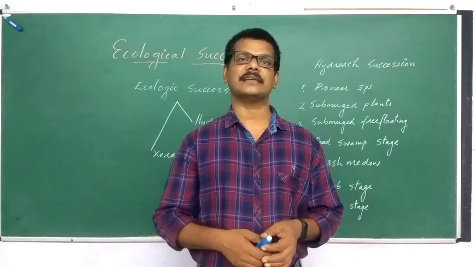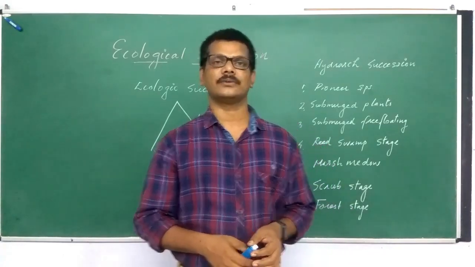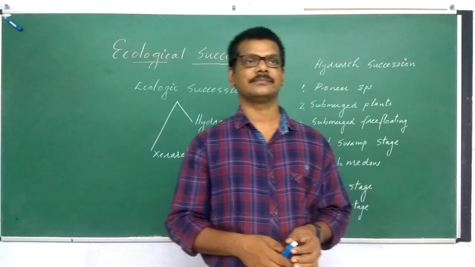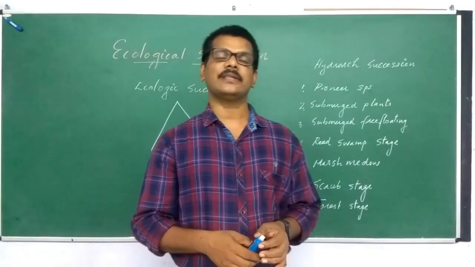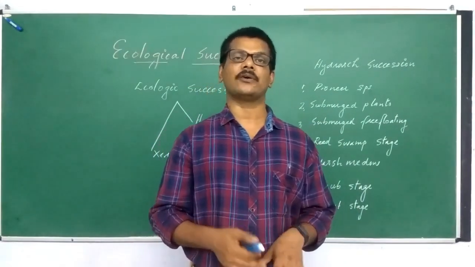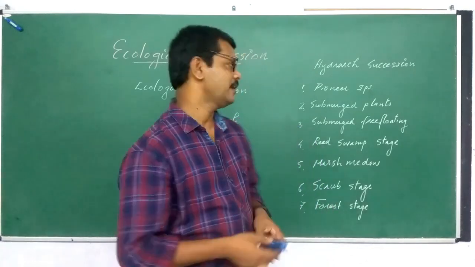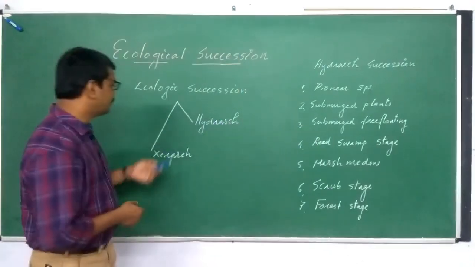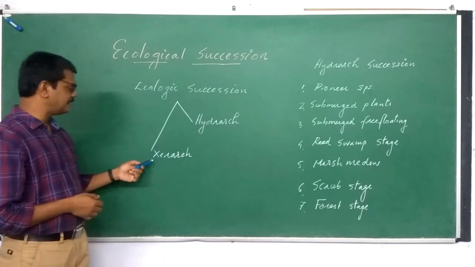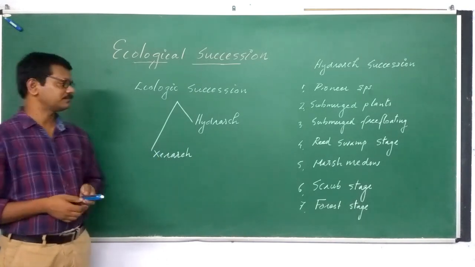Let us come to the next types of ecological succession. Based on the habitat where this ecological succession is taking place, it is classified into hydric succession and xeric succession.